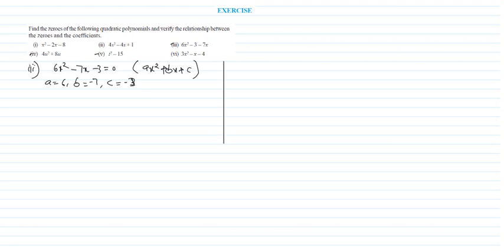So if we try to find the factors of 18, it will be 1 and 18, 2 and 9, 3 and 6, 4 and 5 will not be factors, and then 6, which I have already solved. So 1 and 18, 2 and 9, 3 and 6, and the middle term is 7.